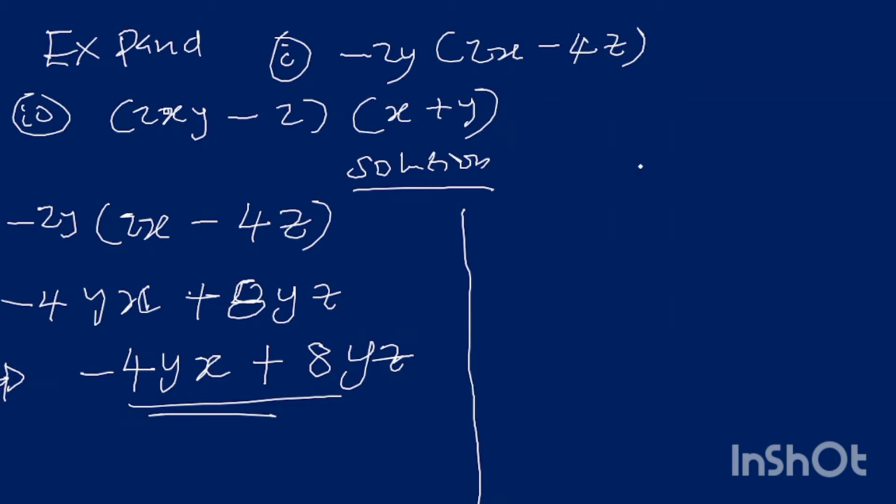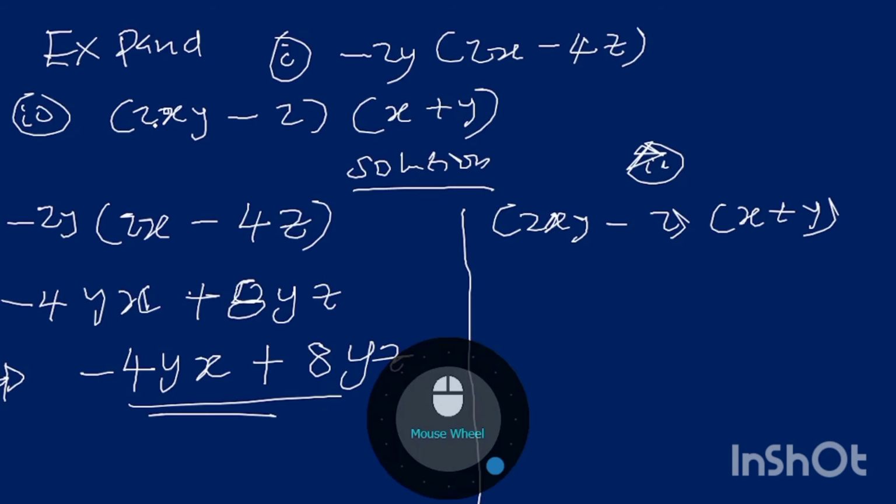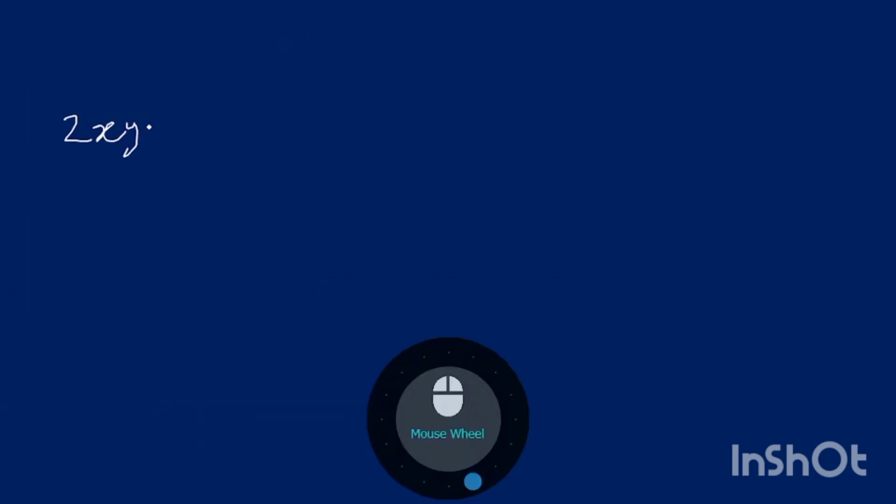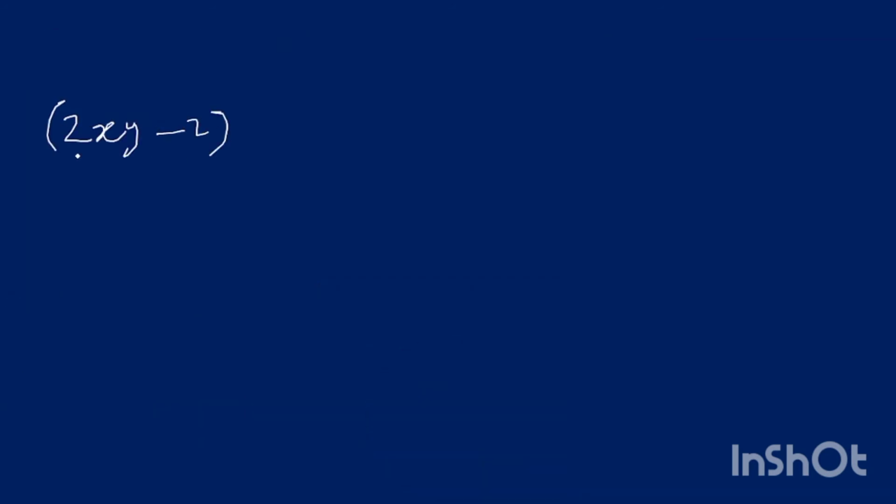The second one says 2xy minus 2 multiplied by x plus y.